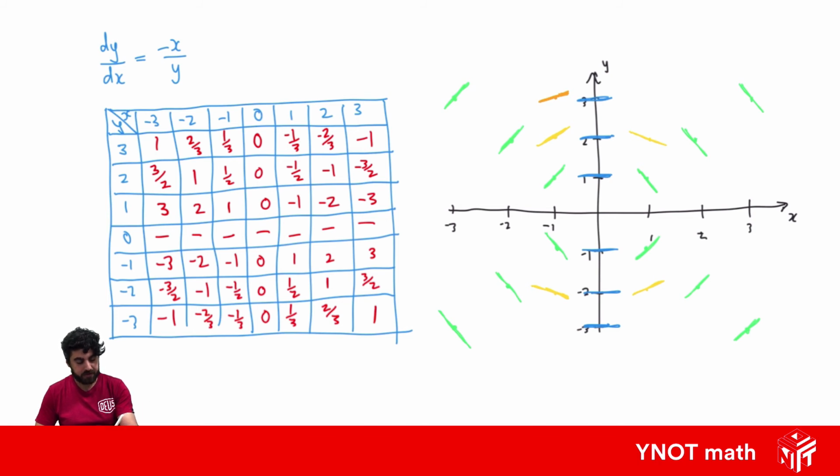We have a negative a third over here at 1, 3. It's a bit flatter. Another minus a third at -1, -3. And another positive a third at 1, -3.